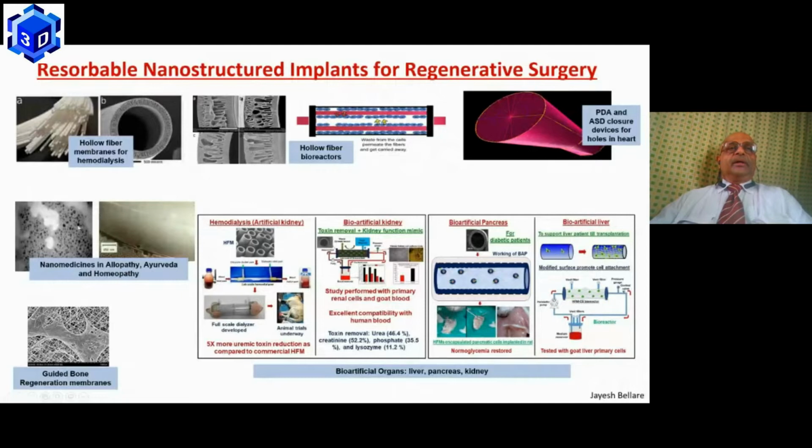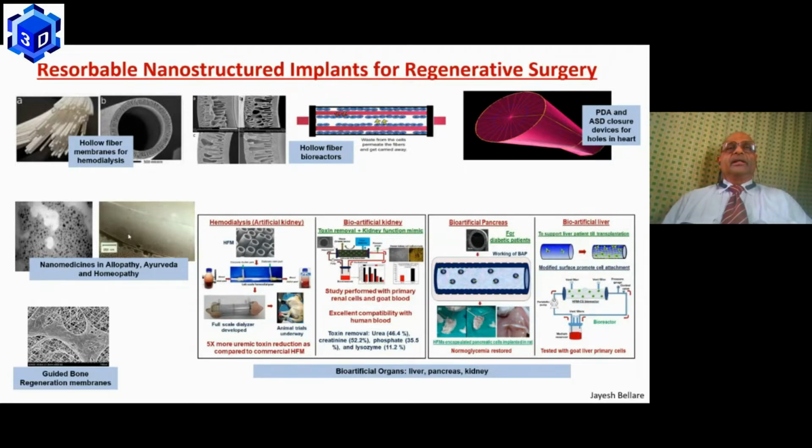Another area that we are working on, on the left middle, is nanomedicines, particularly those arising in systems of medicine, across all the systems of medicine. We work with the allopathic system, wherein we've made a nano carboplatin, which has gone for first in human trials and was effective in delivering carboplatin to the retina, where retinoblastomas are a major problem, particularly in pediatric patients.